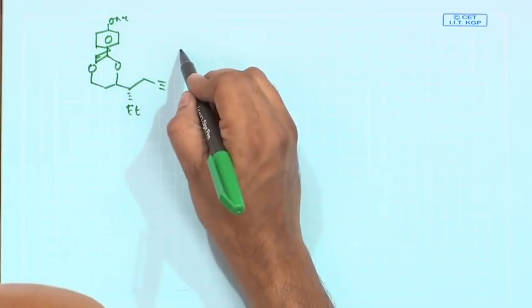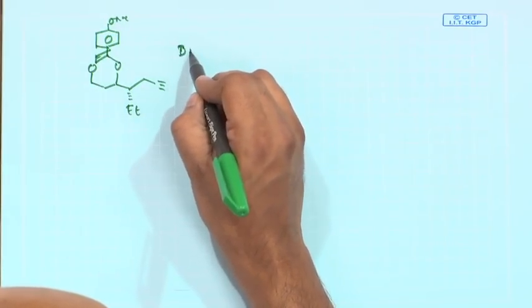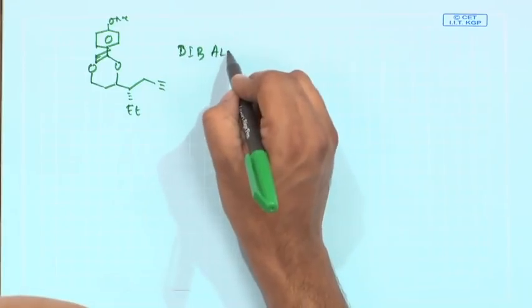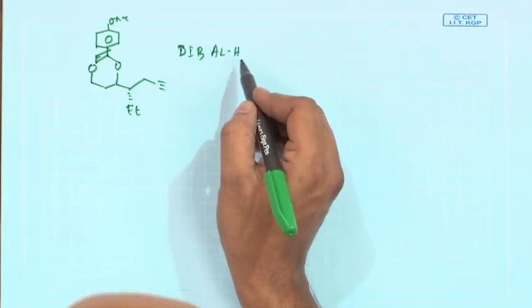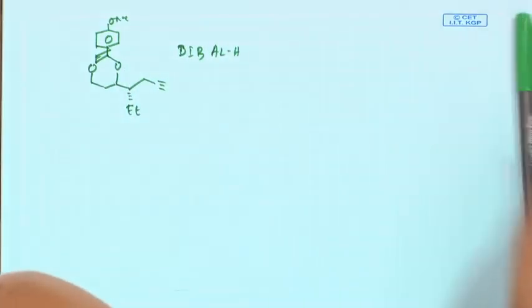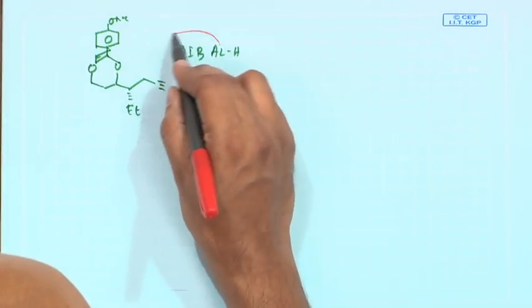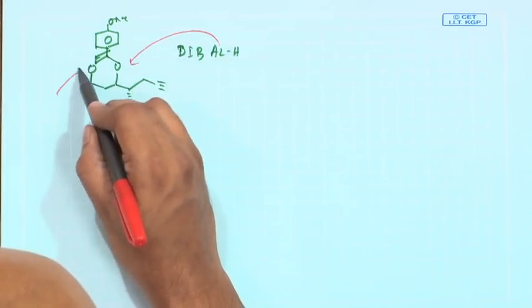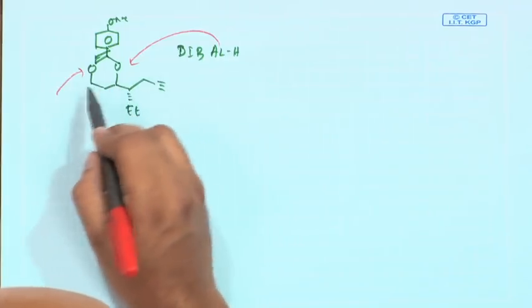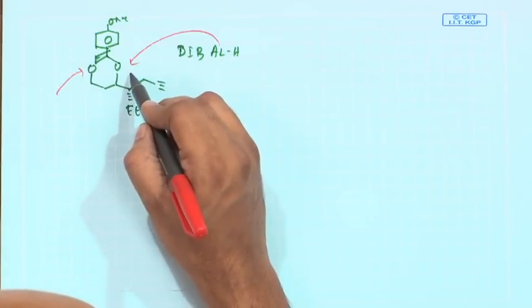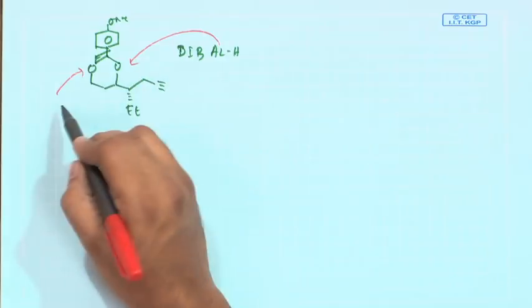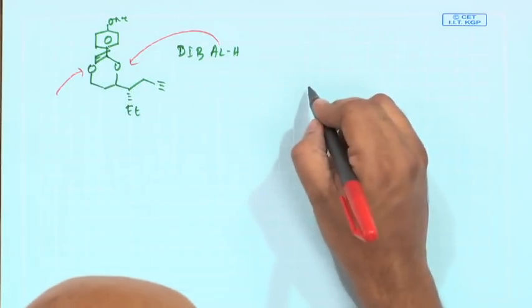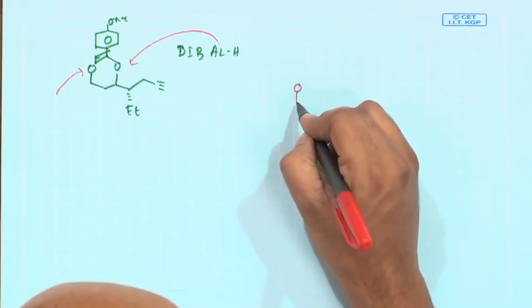This is now reacted with DIBAL, and this is a bulky reagent, this aluminum will tend to coordinate with this side or this side. Now, sterically, this side is too congested, but this side is not. So, what will be happening?